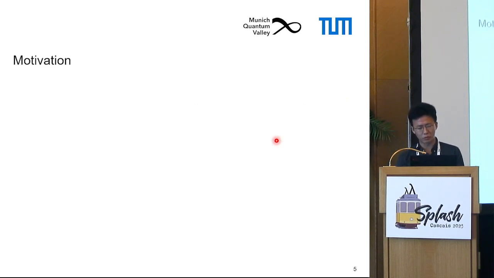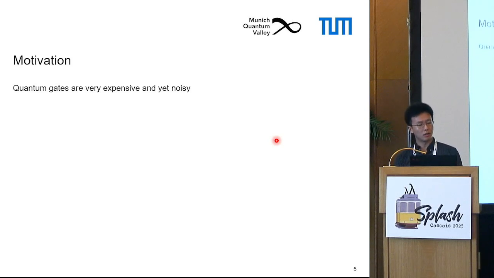Let us get back to our point. Why do we propose our optimization? Currently, quantum gates are very expensive and yet very noisy. That is, if you perform a quantum gate, there is a chance that you introduce noise into your state.